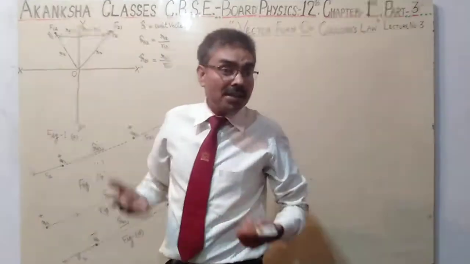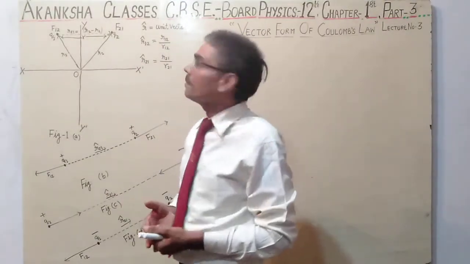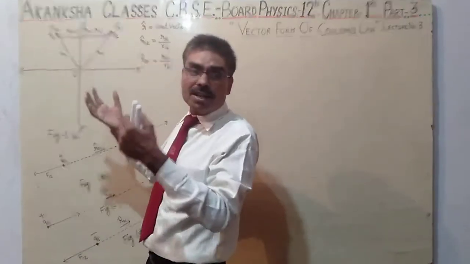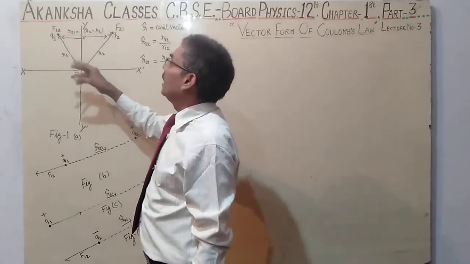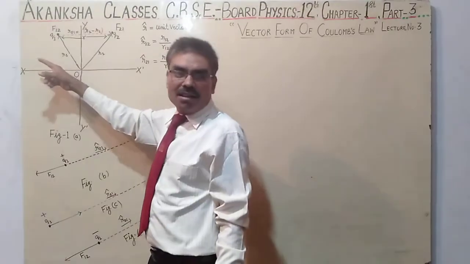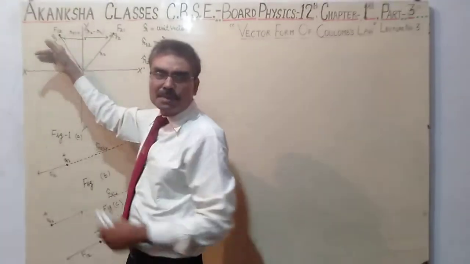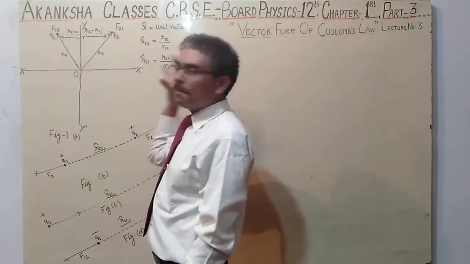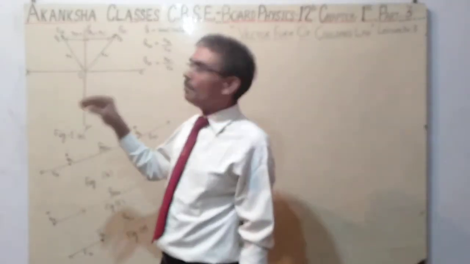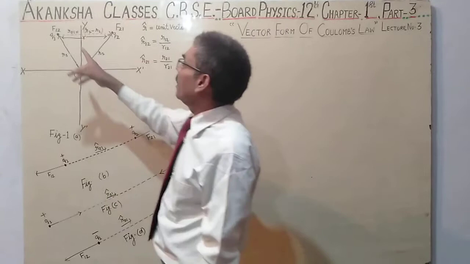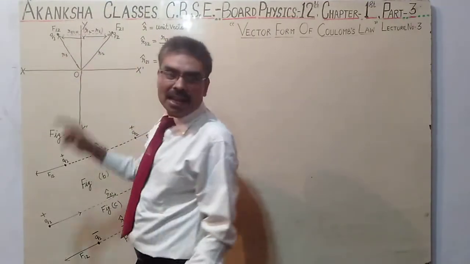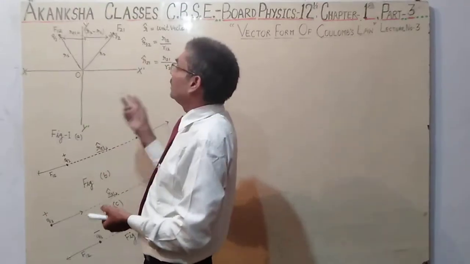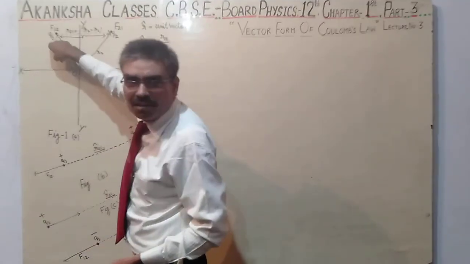Who exerts the force? From where does this force come? The charge that influences with its field will be the force producer. This means we can say that charge 2 is exerting a force that is acting on charge 1.